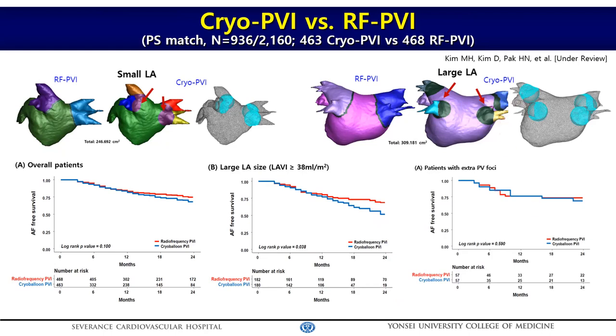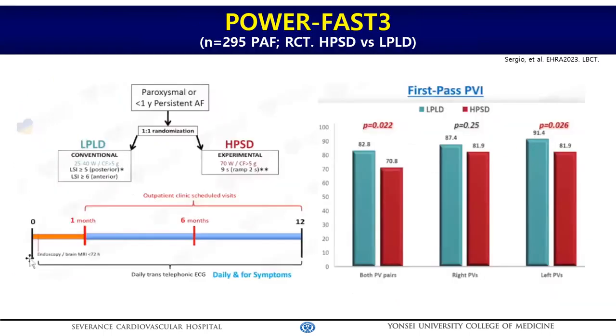in this computation modeling study. This is the RCT PowerFast 3 trial announced in the latest EHRA 2023 Congress, and investigators compared the 70-watt hypershort duration versus conventional RF PVI, but surprisingly, the first pass PVI rate was lower in hypershort duration.